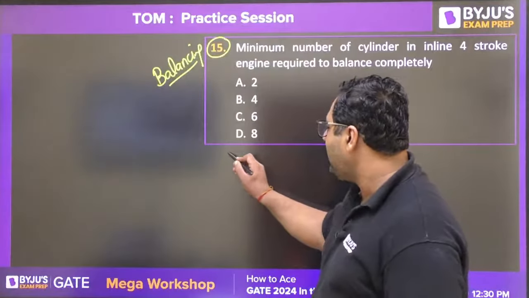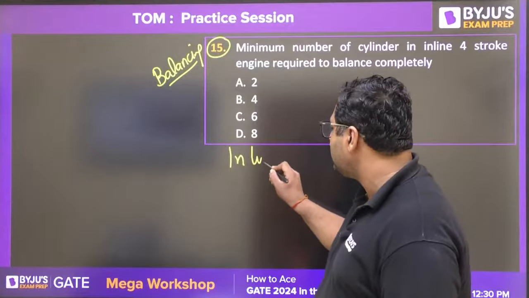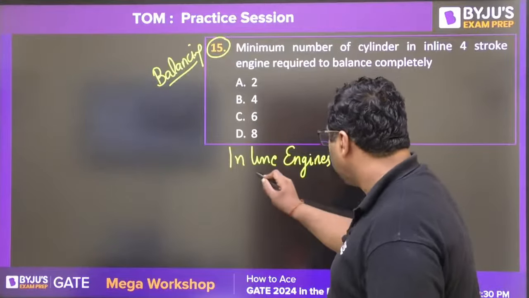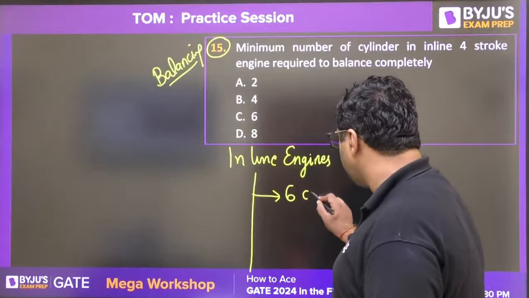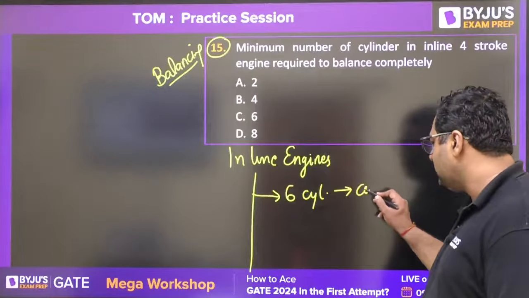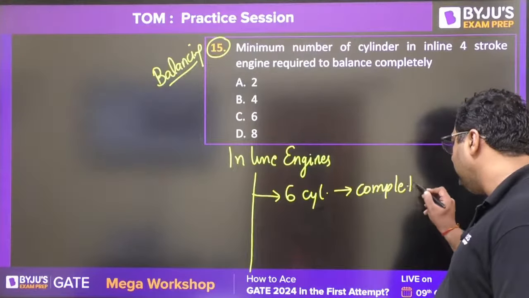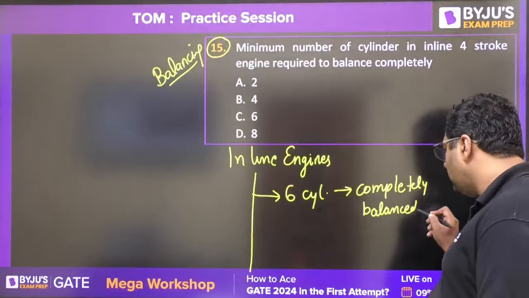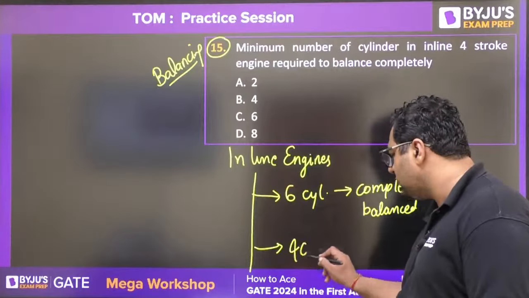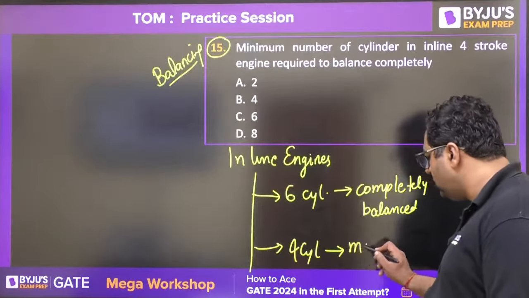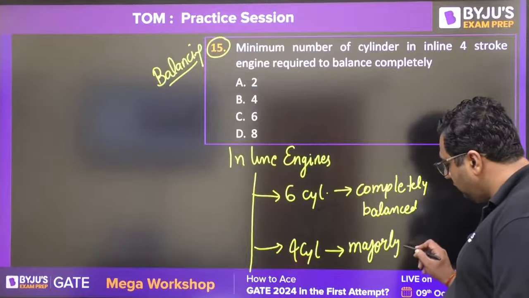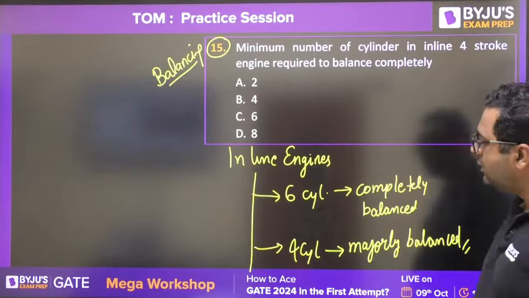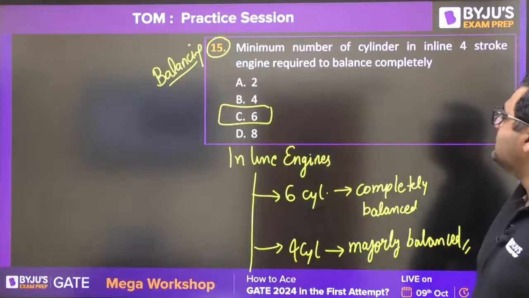My dear, if we are talking about inline engines, then the 6-cylinder is completely balanced, and 4 cylinders is majorly balanced. So the answer will be 6th for this.